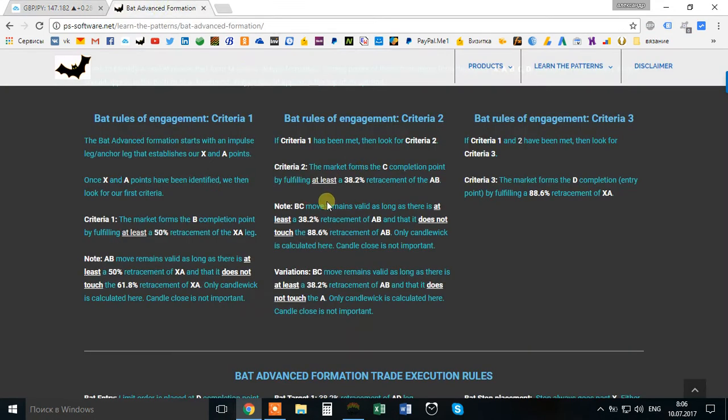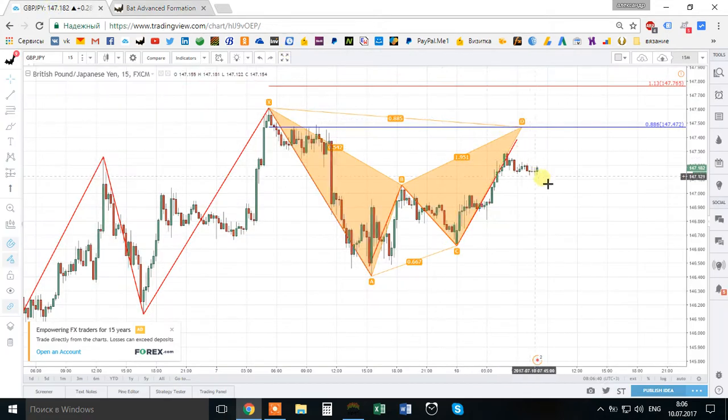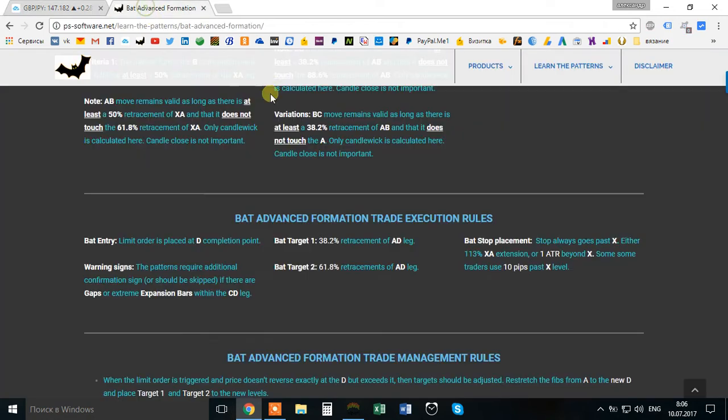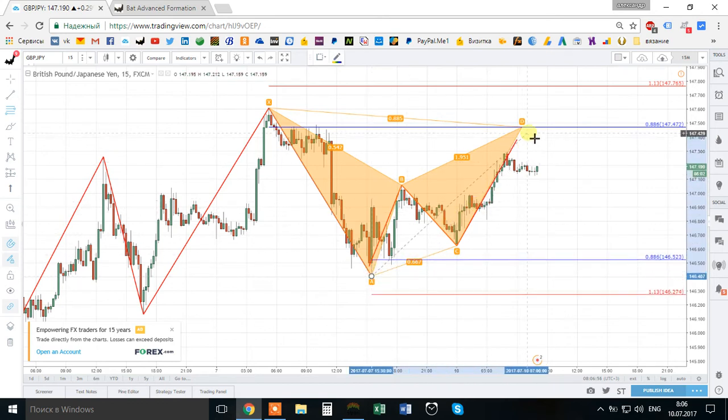Let's go to the trade execution rules, how we should trade them. We should place a limit order at the completion point. So as soon as price touches this, we should sell it. Let me go to targets first, and then I will explain those warning signs. Targets are the 382 and 618. So you should stretch your Fibonacci from A to D. Look at those letters. This is A, this is D, and enable 382 and 618.